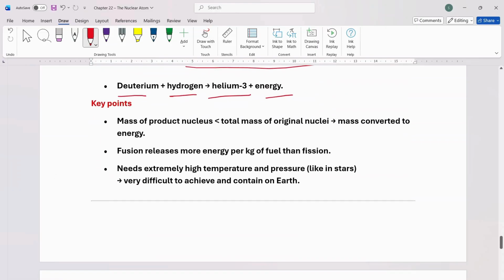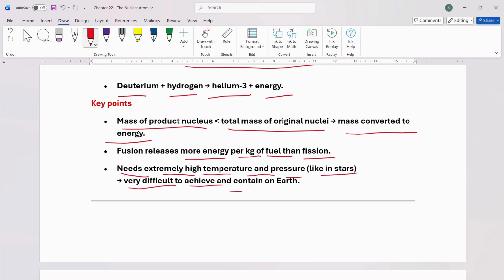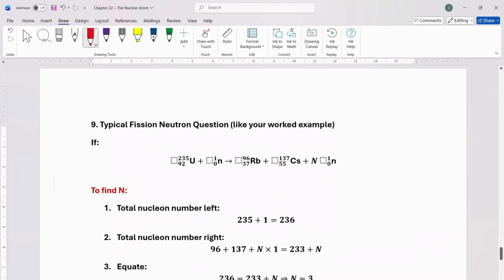Key points: the mass of the product nucleus is less than the total mass of the original nuclei, and mass is converted to energy. Fusion releases more energy per kg of fuel than fission. It needs extremely high temperature and pressure like in stars, very difficult to achieve and contain on Earth.